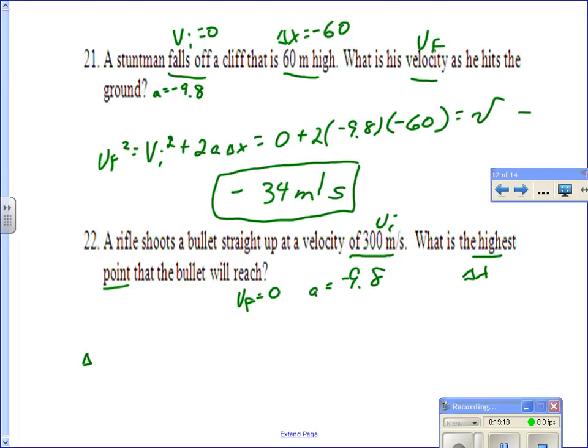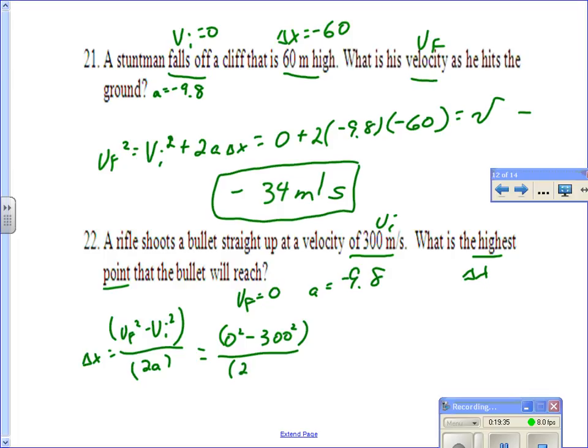So delta x equals VF squared minus VI squared over 2 times acceleration. So 0 squared minus 300 squared divided by 2 times negative 9.8.